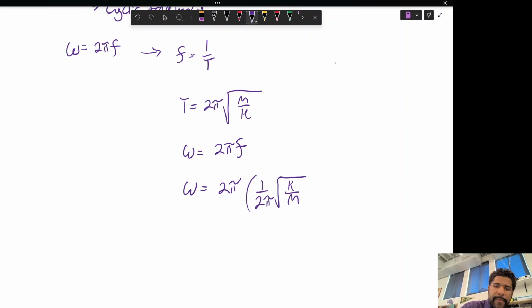Okay, that cancels out. That means omega, the angular velocity of this object, is simply equal to the spring constant over the mass on the spring, and having a little square root on there. Wow. Okay, so the angular velocity for a mass on a spring is equal to root k over m.